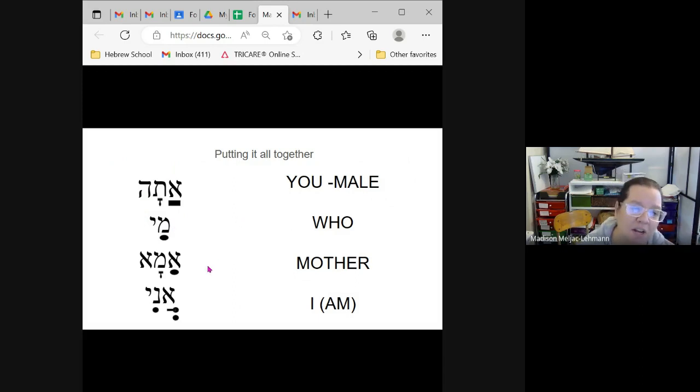So the next one is ma. And again, you'll notice when an aleph is anywhere, at the end included, and there's no vowel, it does not make any sound at all. And again, that's because that used to have a guttural or a breathy sound to it. It's just not reproducible. We don't speak that way anymore.